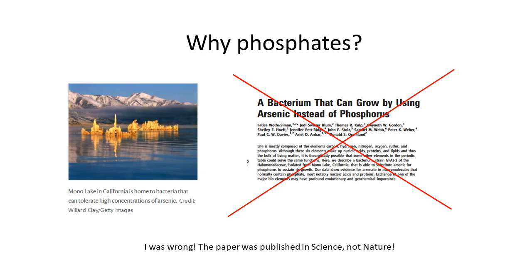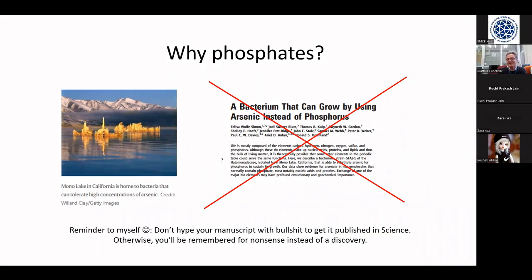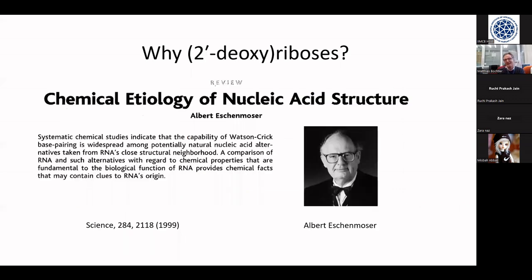And then, probably to get it published in Nature, the authors insinuated that the arsenate may actually be partly or fully a replacement for the phosphates in the backbone. And of course, someone like Westheimer would have known decades before that this has to be nonsense because of the stability. And sure enough, the paper collapsed very quickly. So in fact, even an organism that lives in very exotic conditions still chooses to work with phosphates only because they're so good for them.